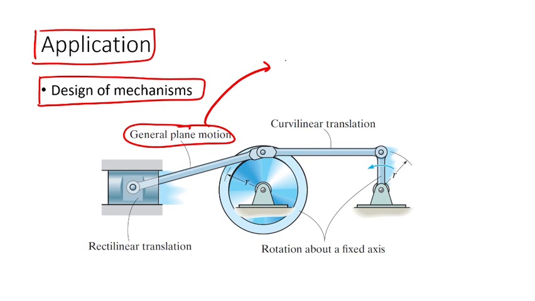General planar motion means that it is a combination of rotation with the translation. And then we have the curvilinear translation, we have the rotation about a fixed axis.